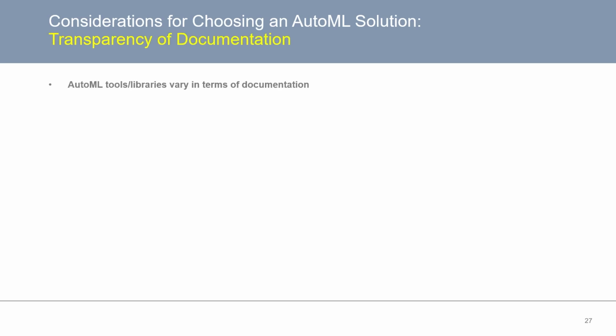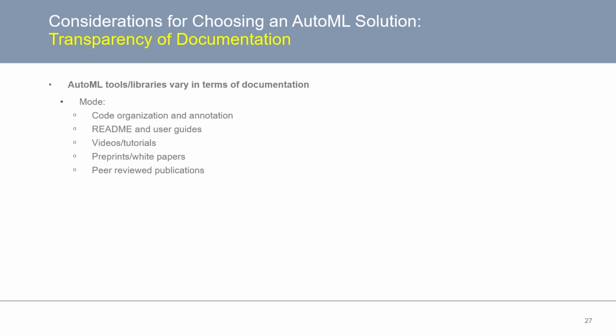The last consideration that we'll discuss is transparency of the documentation. AutoML tools and libraries vary in terms of documentation, which can be represented in terms of code organization and annotation, README and user guides, videos and tutorials, preprints or white papers, as well as peer-reviewed publications. Such documentation varies in terms of clarity, transparency, and level of detail across all the open source AutoMLs we surveyed.